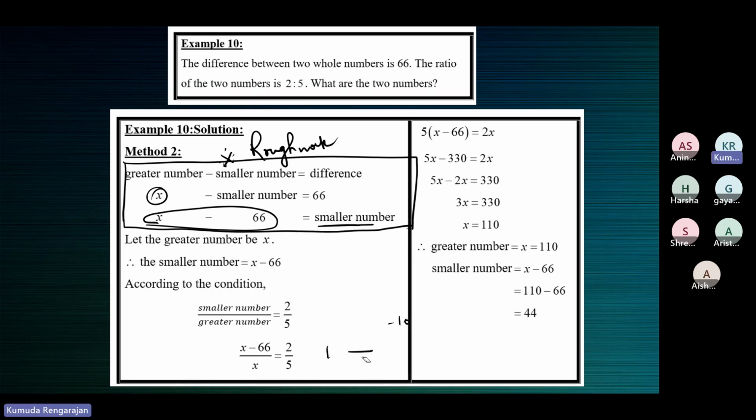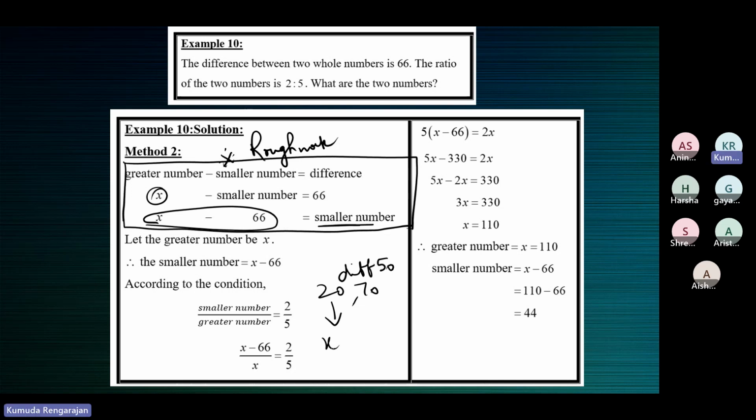See, take any two numbers. Supposing you consider the numbers 20 and 70. If you call the smaller number 20 as x, then what is the difference between the two numbers? 50. The difference is 50.